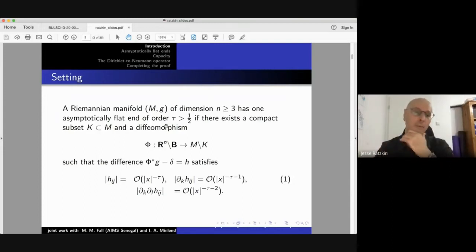And with respect to this parameterization, in these induced coordinates, the metric looks like the Euclidean metric up to these orders. So the difference between the natural metric that M carries and the Euclidean metric is something that decays, like order length of x to the minus tau. Derivatives also decay.